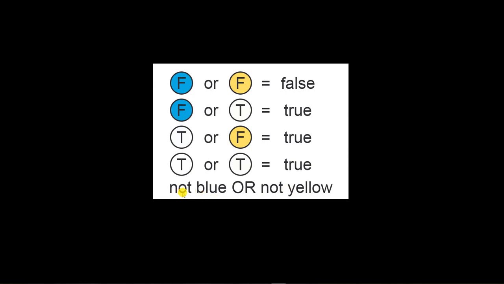So I can not have a blue tag, and it doesn't matter what happens over on the other side. Automatically that statement becomes true because I'm saying "or" in between them. So if I look at each one of these possibilities with these two groups, if I said I'm looking for people who do not have a blue tag or do not have a yellow tag, well, right away this first person has a blue tag, so that half of the equation is false.